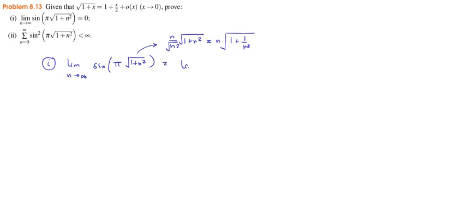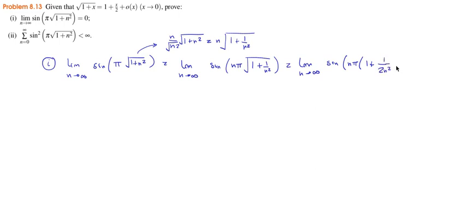So we have the limit when n goes to infinity of the sine of n times pi times the square root of 1 plus 1 over n squared. And now we can approximate the square root with the Taylor expansion. So this is 1 plus x over 2, where x here is 1 over n squared, so this is 1 over 2n squared, and then plus small o of 1 over n squared, right?